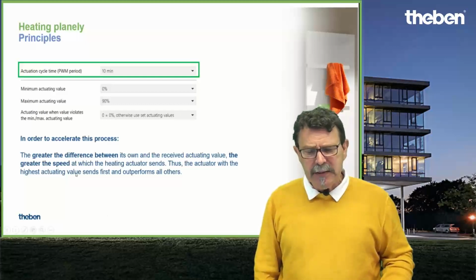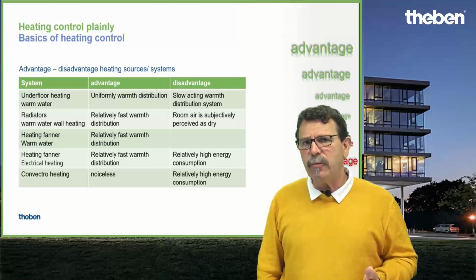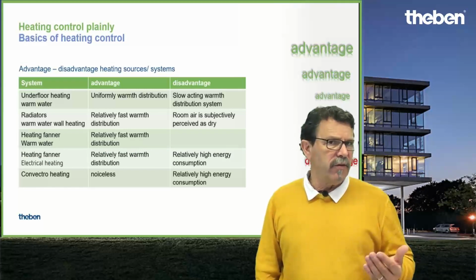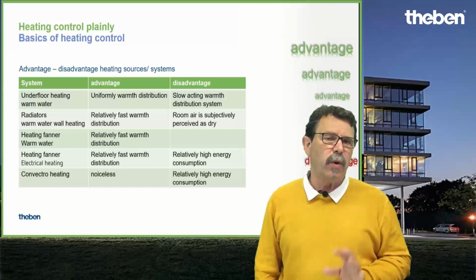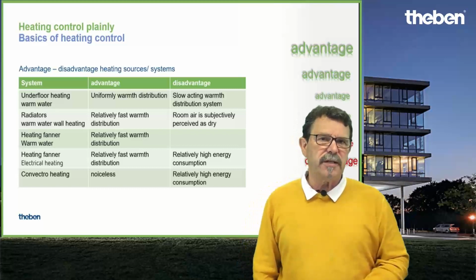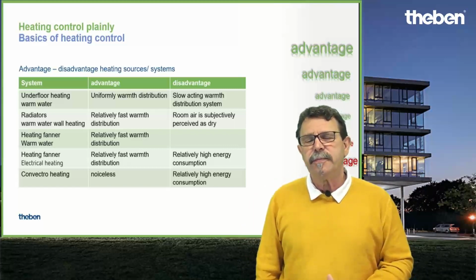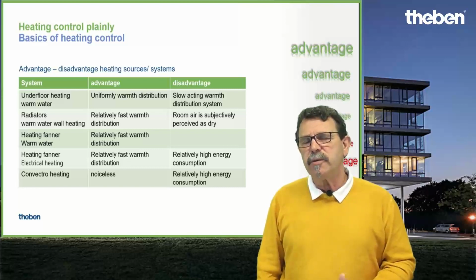The reasonable answer is that for radiators, PWM control is best because it's rather fast and adaptive, and so ideal for rooms like conference rooms, office rooms, or your private area in your flat. So for these purposes, PWM control is best.